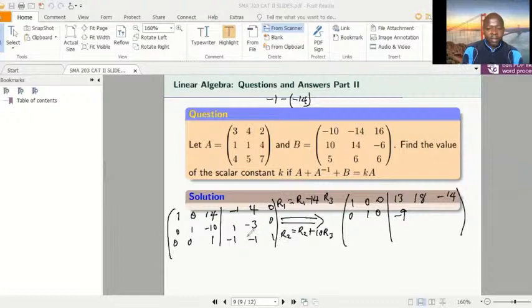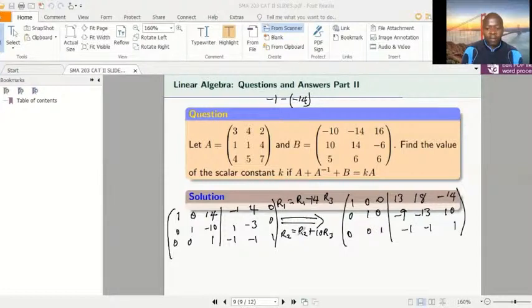This by 10 is negative 10. Added to this, get negative 13. This by 10 is 10. Added to this, you have 10. And this other one remains as 0, 0, 1, negative 1, negative 1, 1.